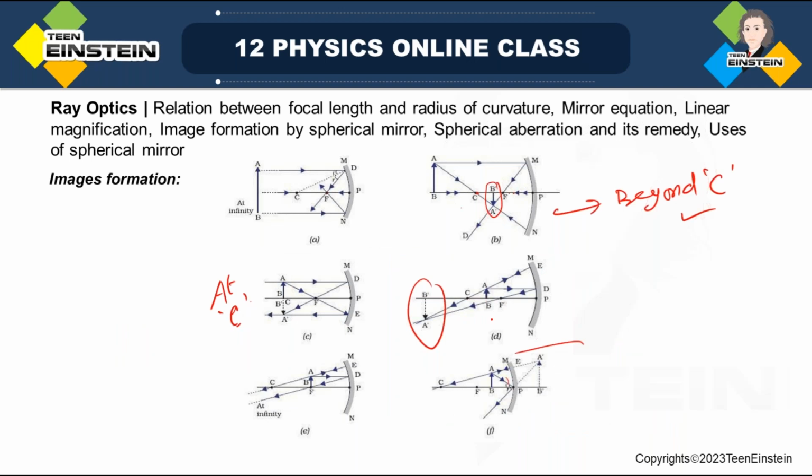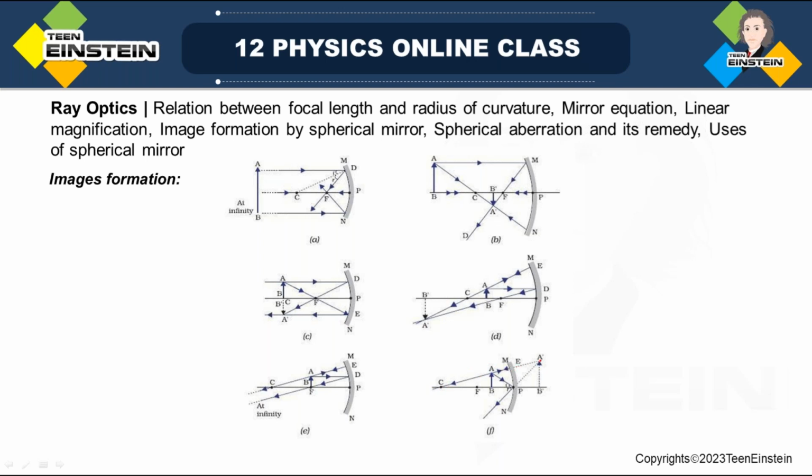See this F, this is the focus and this is the pole. So I have kept the object between pole and focus. So I'll take a parallel ray, or any ray which is passing through the center, so that will actually retrace.